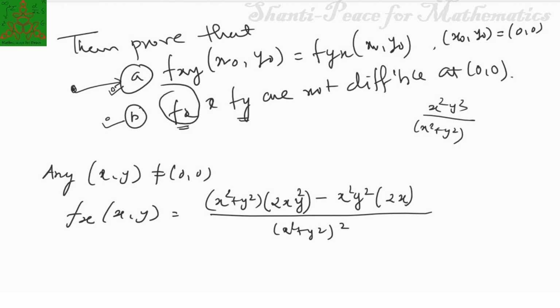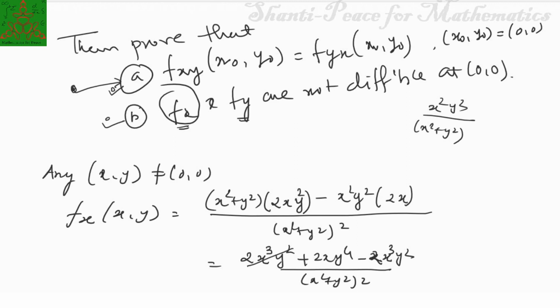So if you simplify this quantity, you will have 2x cube y squared plus 2xy raised to 4 minus 2 times x cube y squared, upon (x squared plus y squared) whole squared. So you just note that this 2x cube y squared is cancelled out.